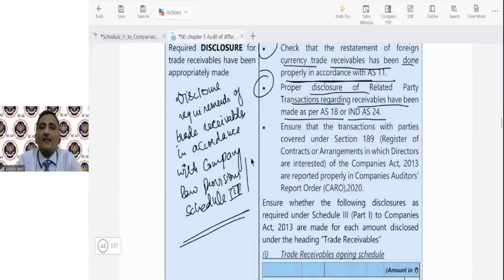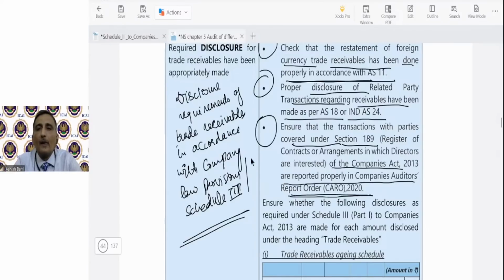Ensure that transactions with parties covered under section 189 of the Companies Act are reported properly in the Companies (Auditor's Report) Order 2020. Now students, this order, which we commonly call CARO, C-A-R-O, is separately covered in your chapter on audit report in module 2.